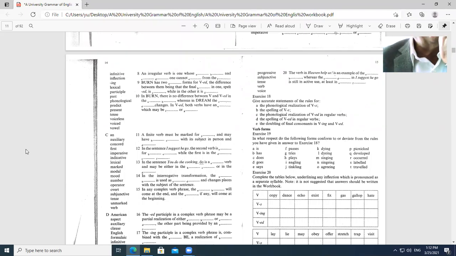In burn, there is no difference between V and V-ed in the base vowel, whereas in dream, the base vowel changes.